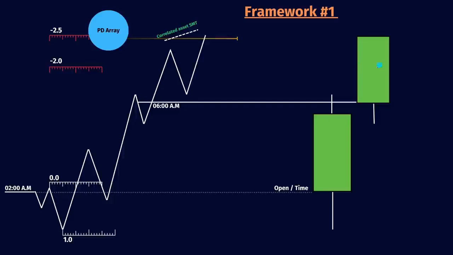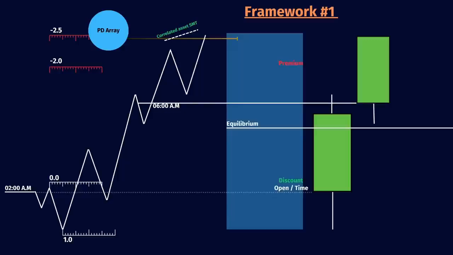So in this same 6 a.m. candle, probably you can find 2 different moves, one bullish and one bearish. Okay, so when price reacts to the 2 deviations and the 2.5 deviations, price is in premium price and one PD array on higher time frame. So in this moment you anticipate one retracement to the equilibrium to discount of the previous range. So it's very important to take the previous range of the previous candle, the previous opening.